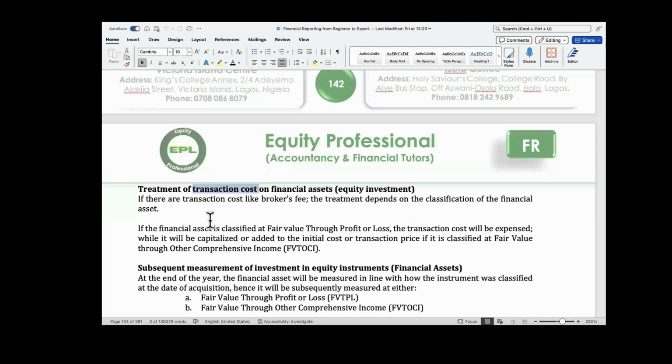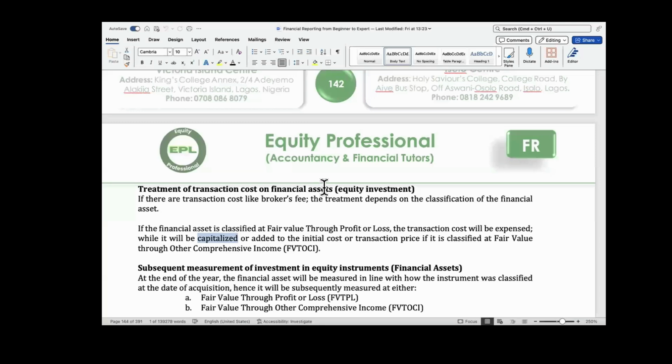The treatment of this transaction cost depends on how the financial asset is classified. If this financial asset is classified at fair value through profit or loss, you would expense this transaction cost. But if it is at fair value through OCI, you capitalize this transaction cost.